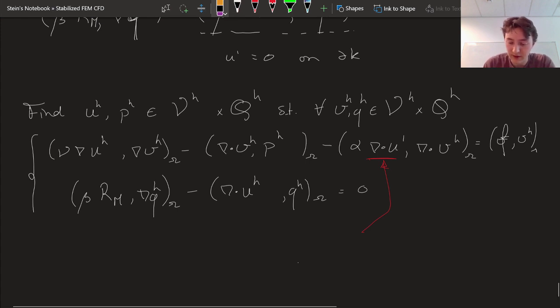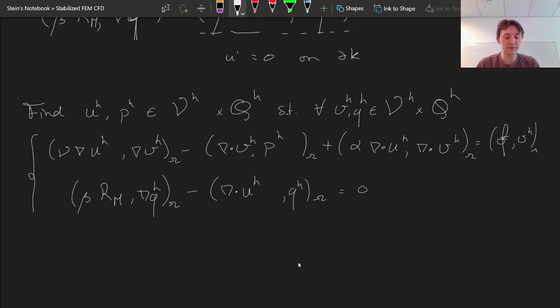We have alpha times the divergence of UH and a plus. And there we already have it. This is precisely the LSIC term right here. We call it least squares on the incompressibility constraint. And this is precisely the PSPG, the pressure stabilized Petrov-Galerkin term.